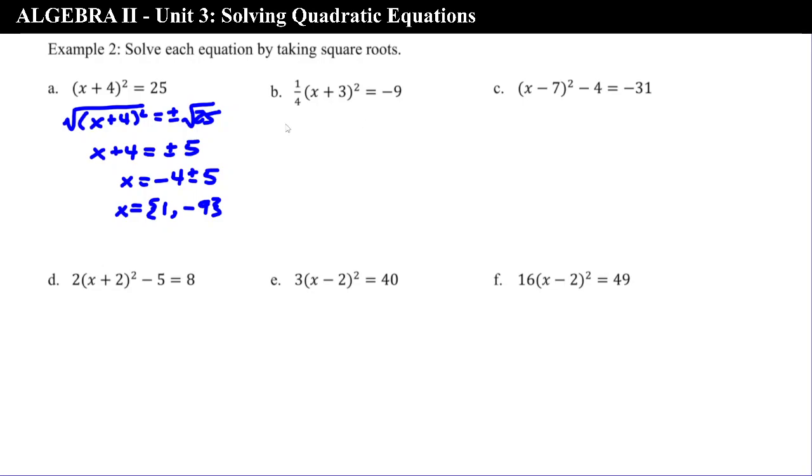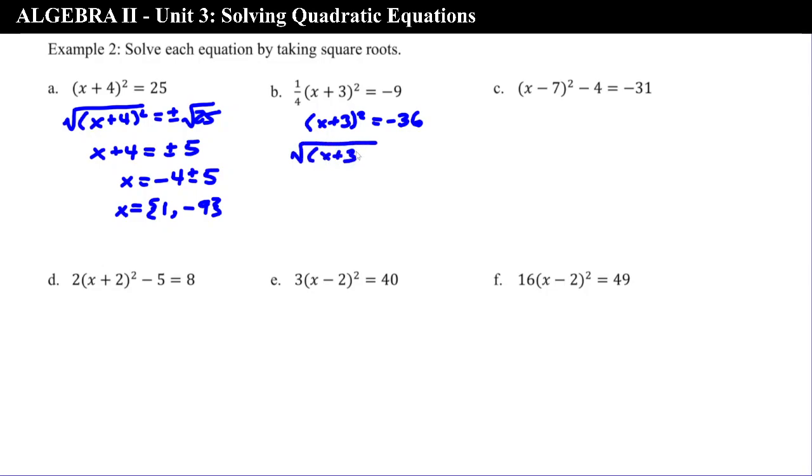For the next example, you've got a 1/4 out in front, and then you have your squared quantity in the parentheses. So let's start with multiplying. We're going to multiply each side by 4. And that's going to give us x plus 3 on the left-hand side, quantity squared, obviously, equals, 4 times negative 9, that's going to give you negative 36. And now we're going to take the square root of each side.